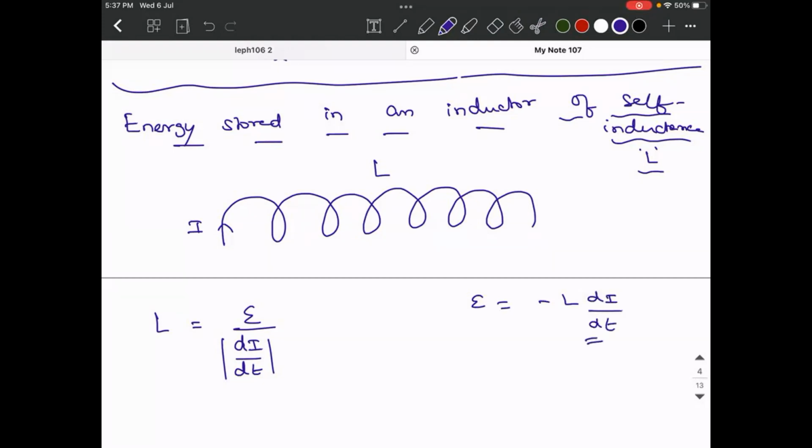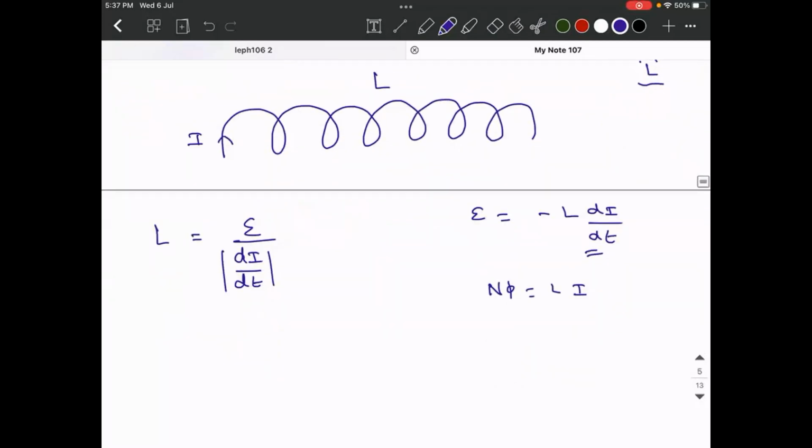I hope you understood why. Because you know that N phi is equal to L i. When I differentiate it, I get minus E equals L into di by dt. But here, EMF is equal to L into di by dt. Can I write it like this?